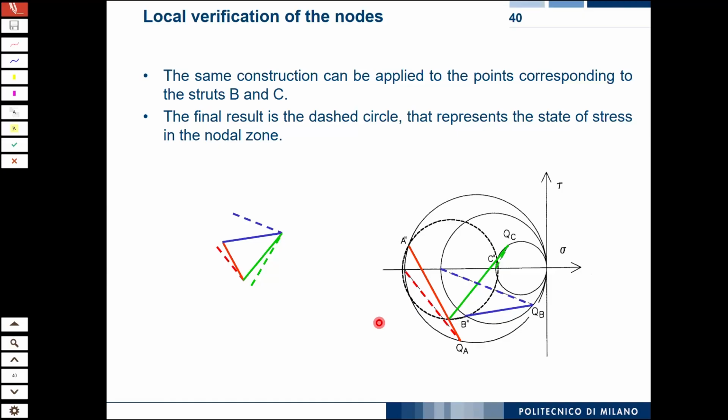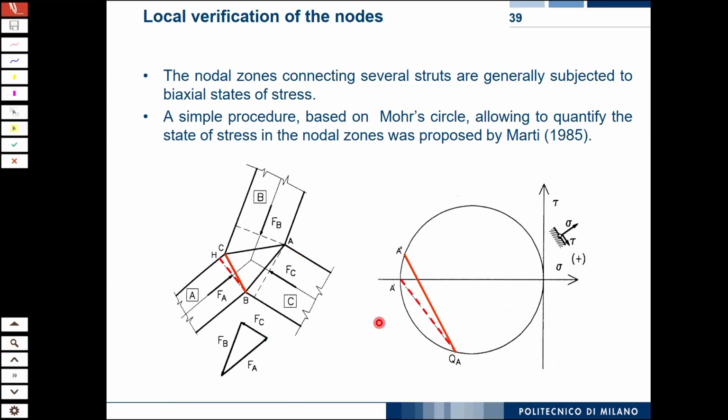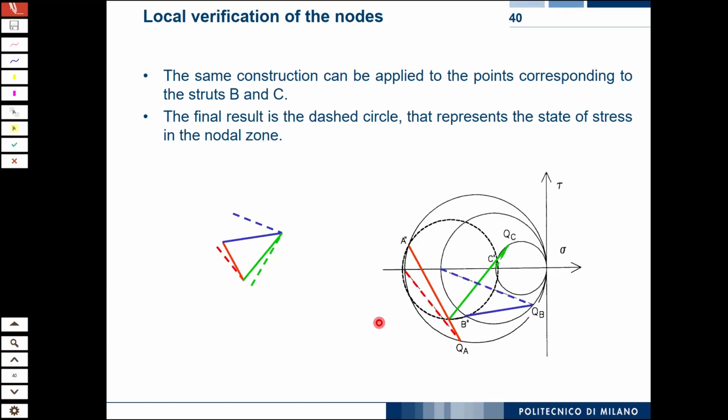When we have identified the stress states on this line, this line, and this line, we have 3 points, and 3 points are enough to draw another circle, which is this dashed thick one. That circle represents the stress state in the node. So you find the maximum compressive stress in the node, the maximum shear stress, the maximum tensile stress, and you can design your node accordingly.